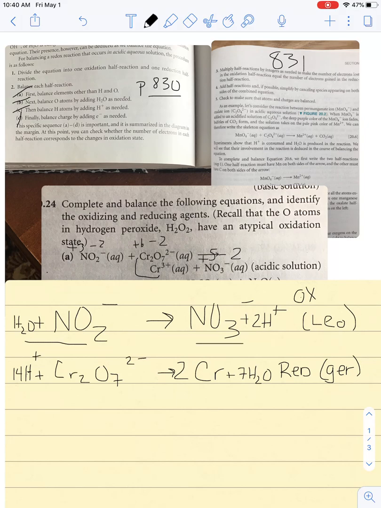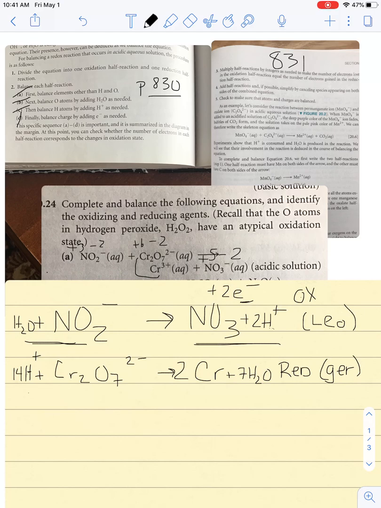Here I have a total charge of -1 + 2, so +1. If I have +1 on the product side and -1 on the reactant side, I need to add 2 electrons. Remember NO3 is an ion, so it stays together and the whole thing has a -1 charge. I added 2 electrons to cancel out that hydrogen, so now I have a -1 on this side and a -1 on that side.